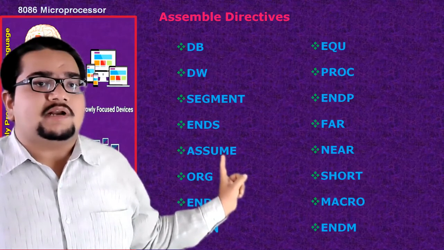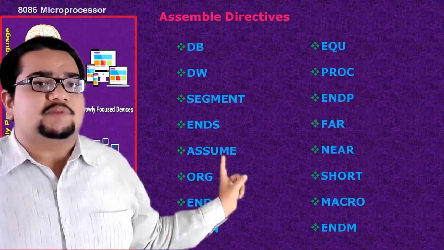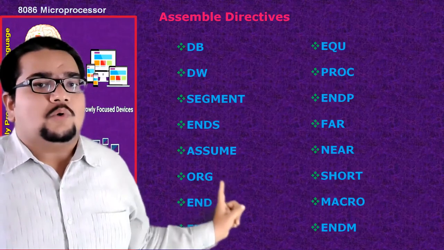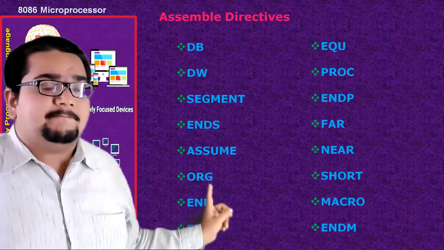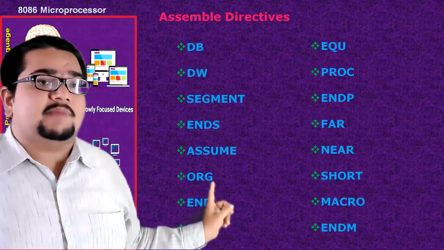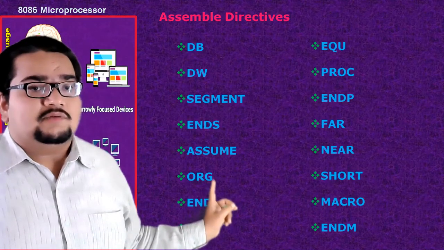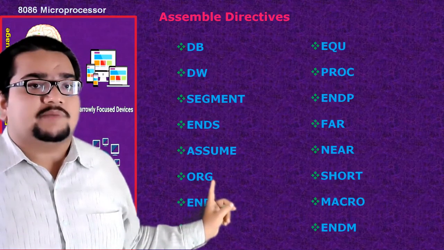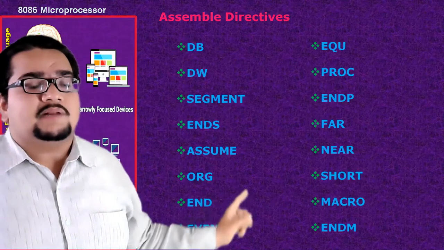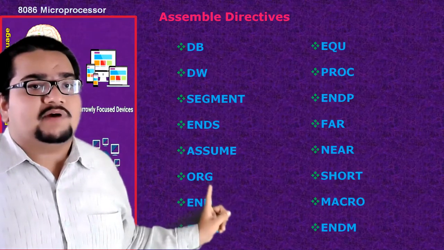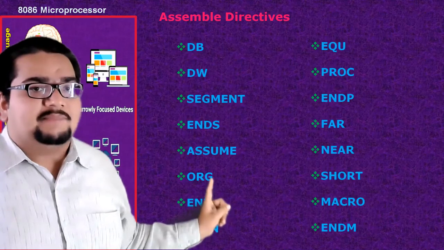ASSUME is used for naming the different segments of the memories. ORG is used for beginning at a certain origin in memory within the segment. Whether it is the data segment or code segment, we write ORG and some number. That number becomes the effective address start of that particular segment.